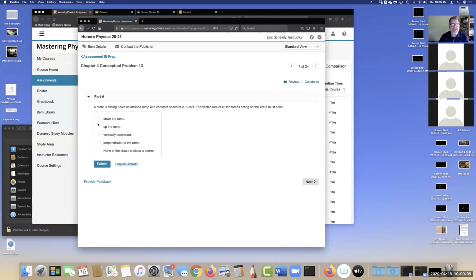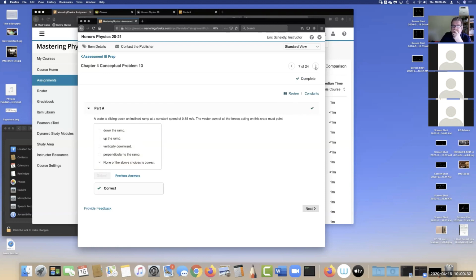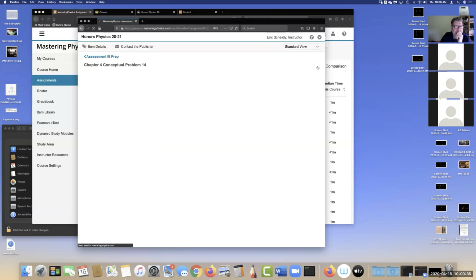Newton's second law says that the sum of all forces is equal to the mass times the acceleration. If the acceleration is zero, then the sum of all forces is zero. If the sum of all forces is zero, it doesn't point in any particular direction. Correct.